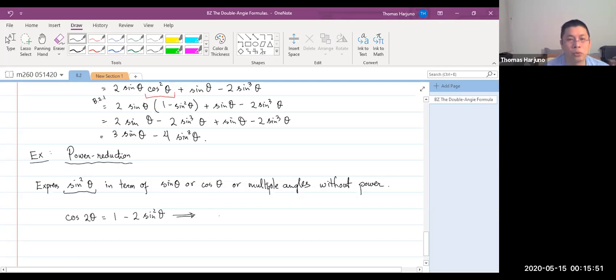If you move this to the left it becomes plus, and you move this to the right it becomes minus. So sine squared theta is 1 minus cosine 2 theta over 2.